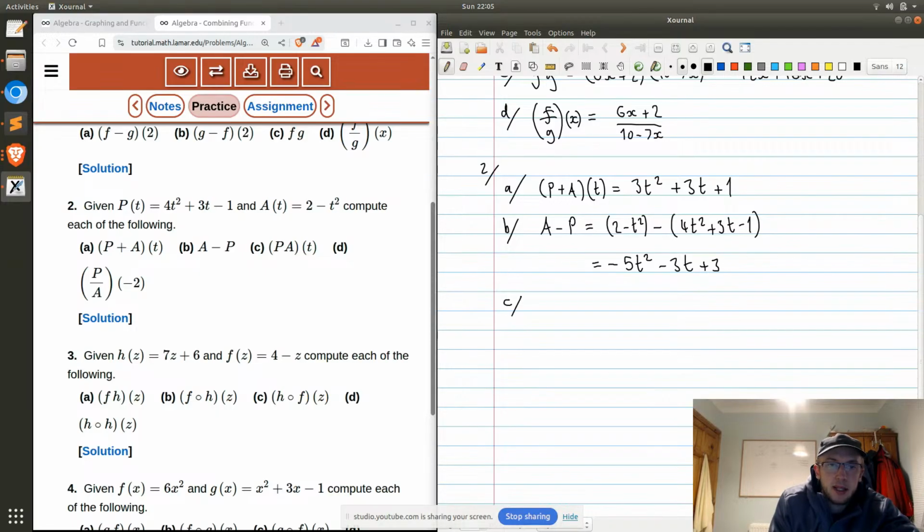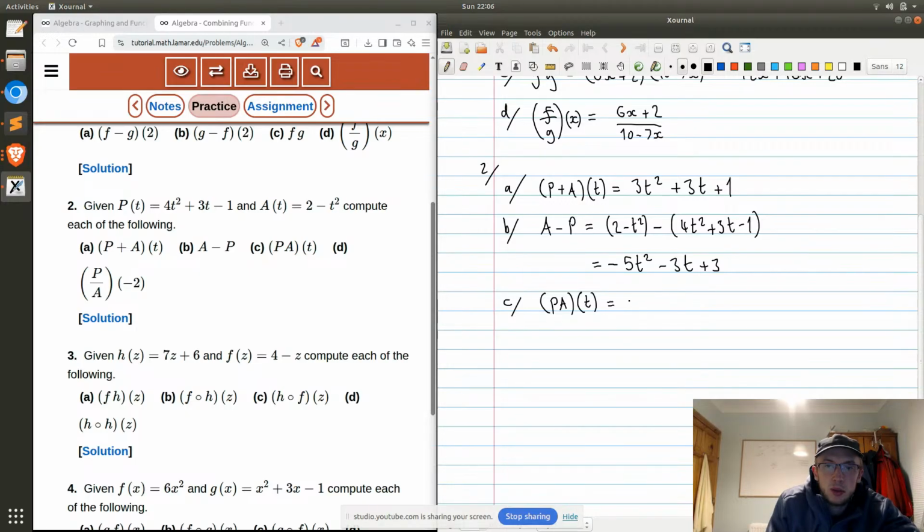For part C, p times a of t. That's the product of the functions. If it were the composite of the functions, then there would be nested brackets. It would be p of a of t, like that. But instead, this is just the product of the functions.